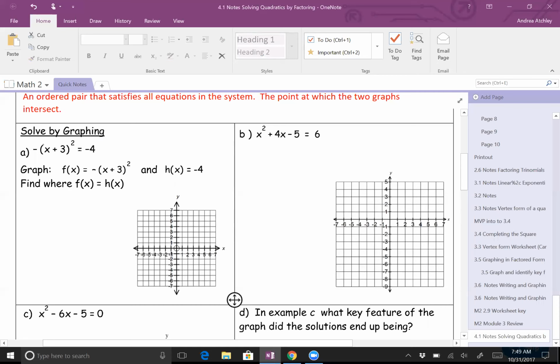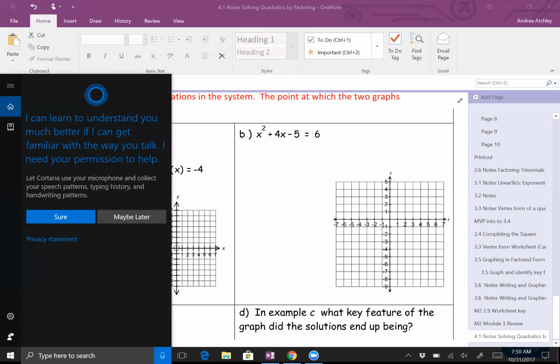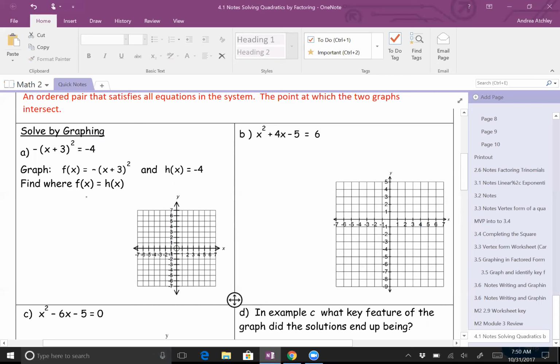So I want to know when this parabola will equal negative 4. So one way we can do that is by graphing it. I can graph the left side, which is the negative (x plus 3) squared, and then h of x equals negative 4. Let's graph this, because I kind of know how to graph this already.